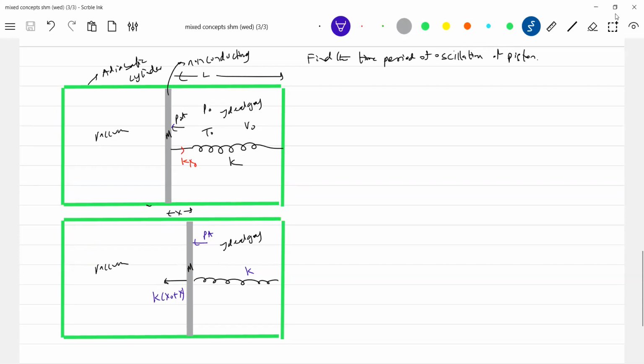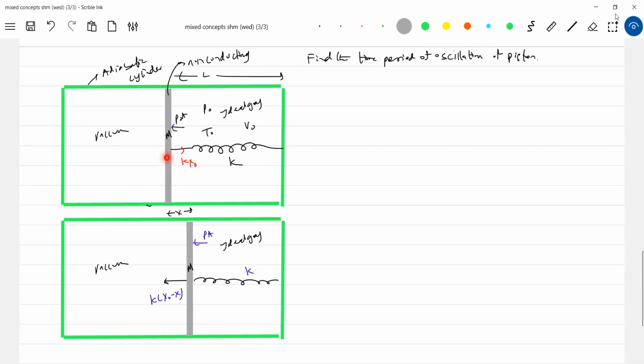No, it will be elongated. X naught minus x should come. The natural length of the spring is something we don't know. Let the initial elongation of the spring be x naught.